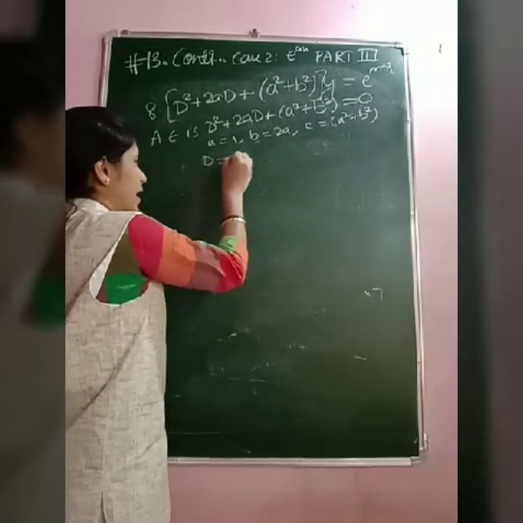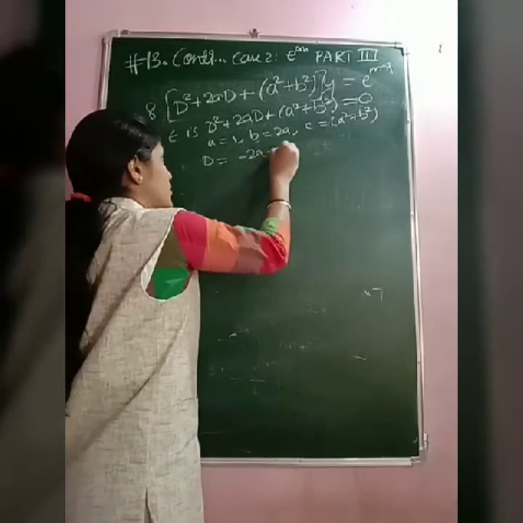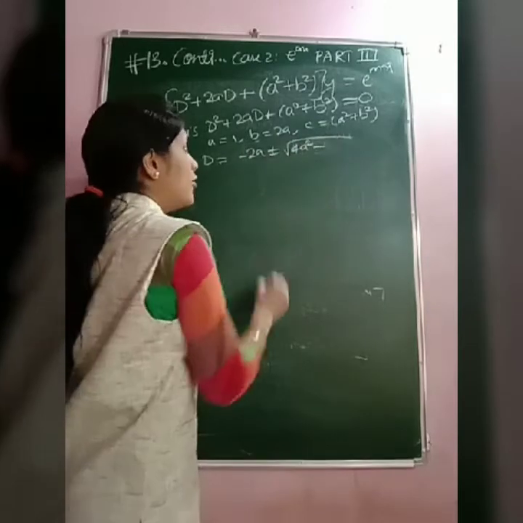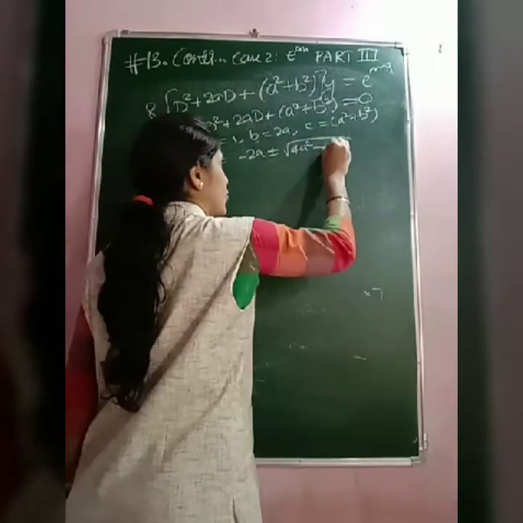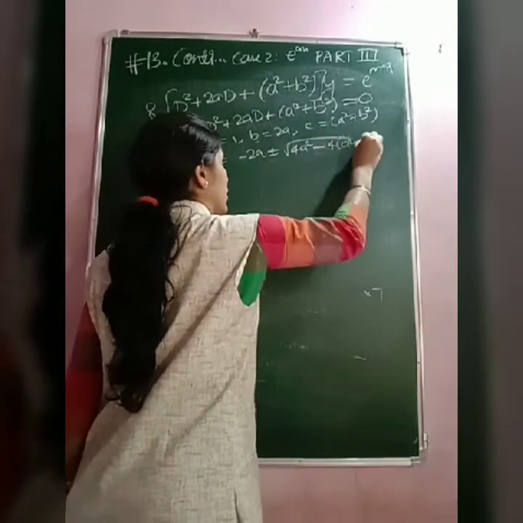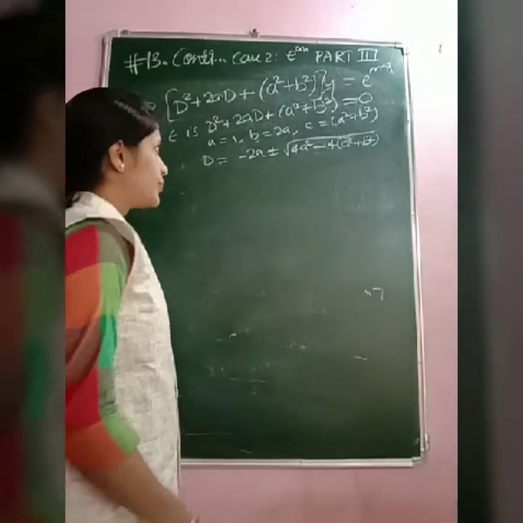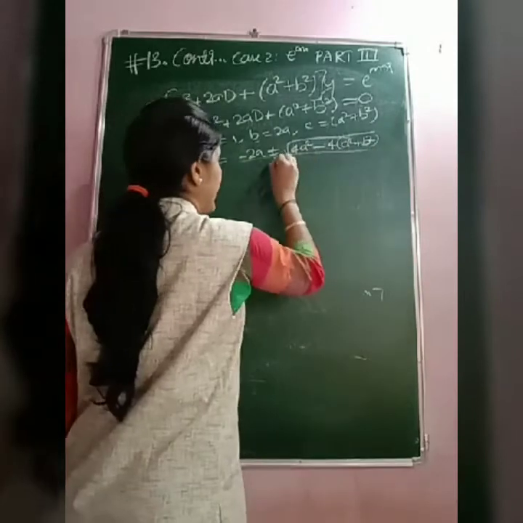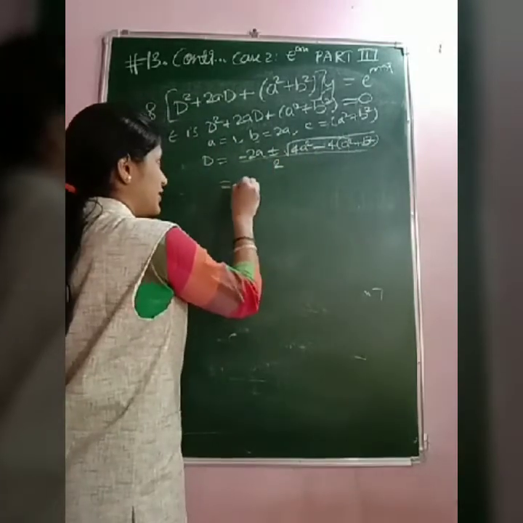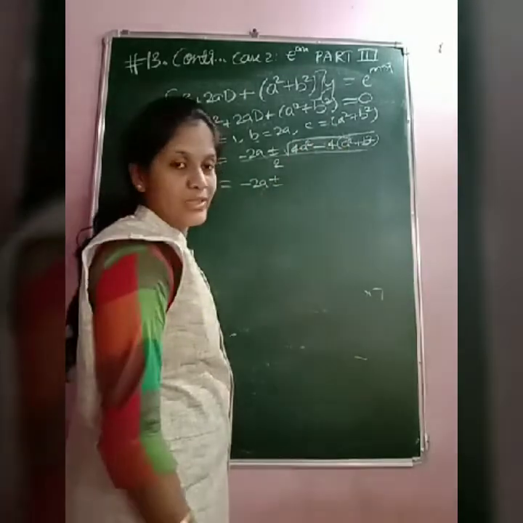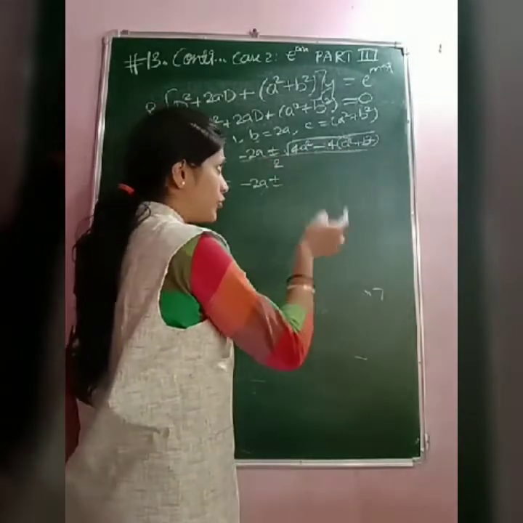So D equal to minus b plus or minus square root of b square, 2 twos are 4a square, minus 4ac, whole divided by 2a. So that is minus 2a plus or minus square root of 4a square minus 4a square get cancelled, minus 4b square.